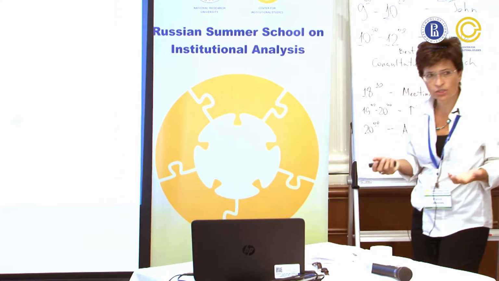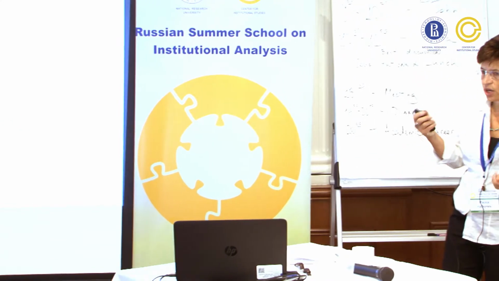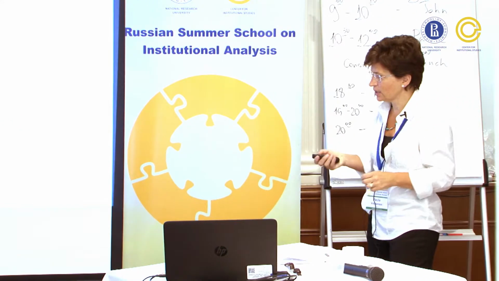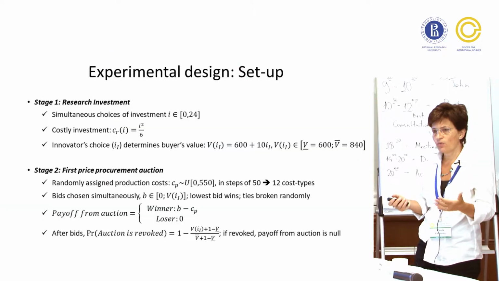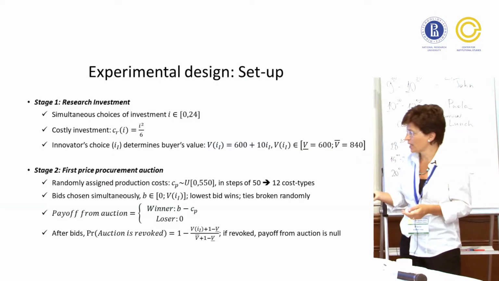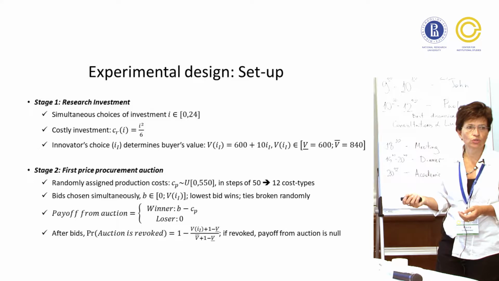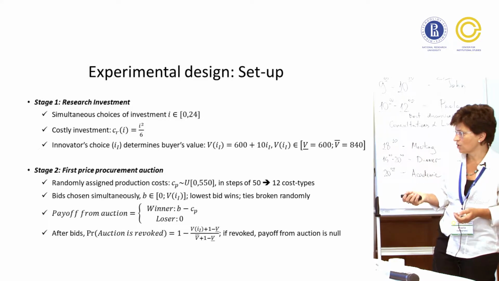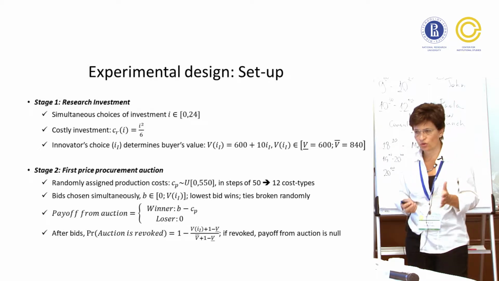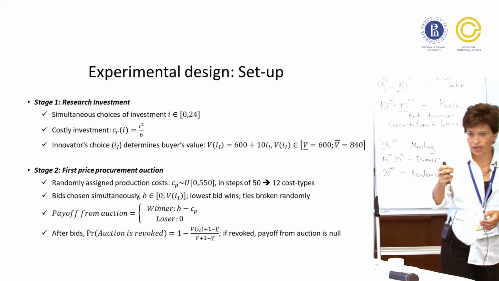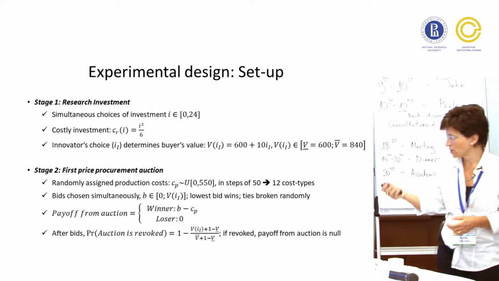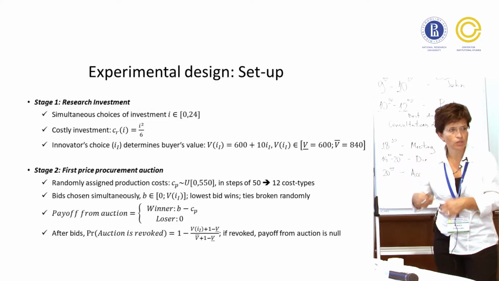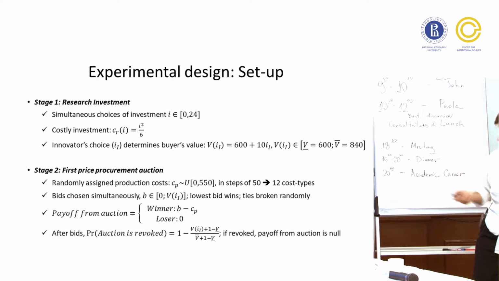So in the second stage, once the investor has been decided, each of the two players is assigned a production cost, CP, which is between 0 and 550 in steps of 50. So it could be that you get 150 as production cost, or 250, whatever.